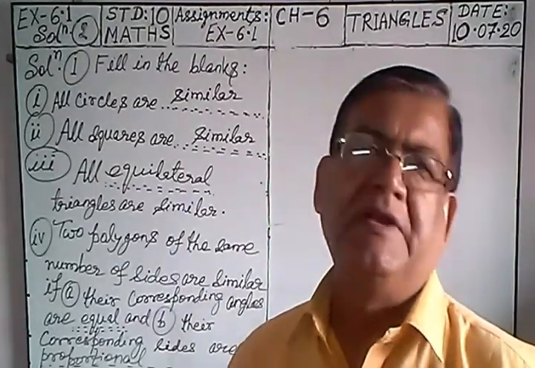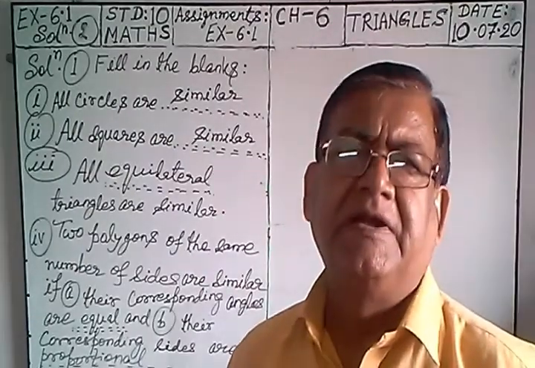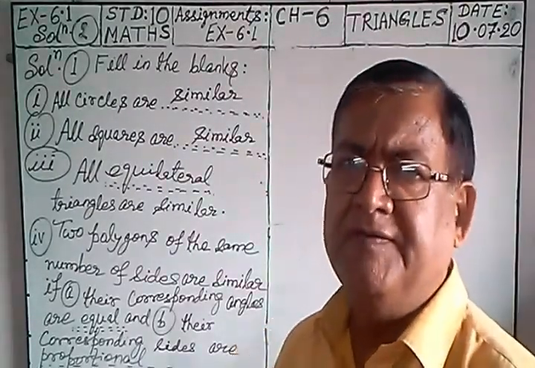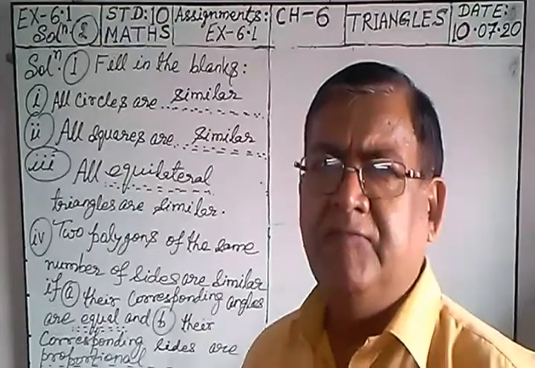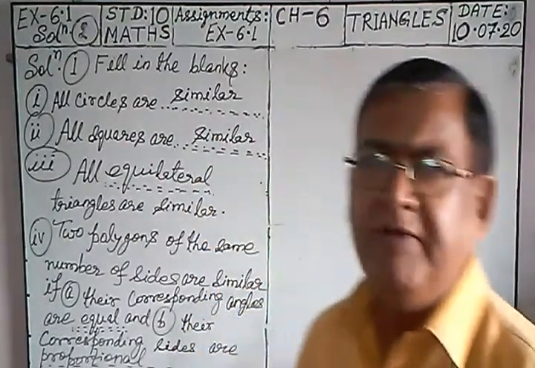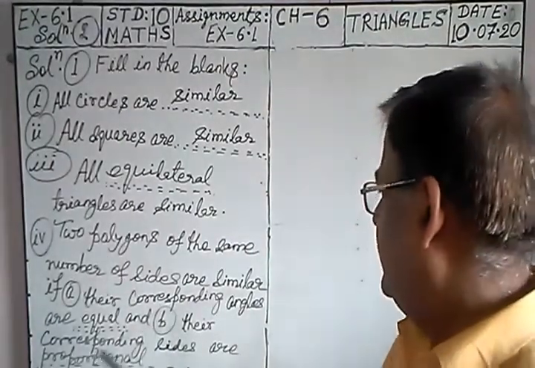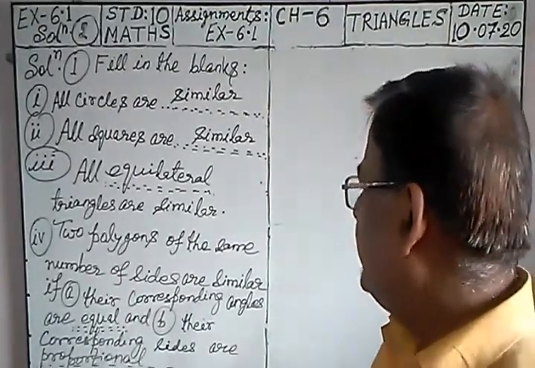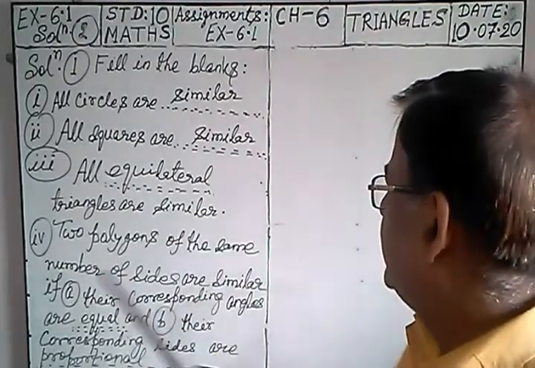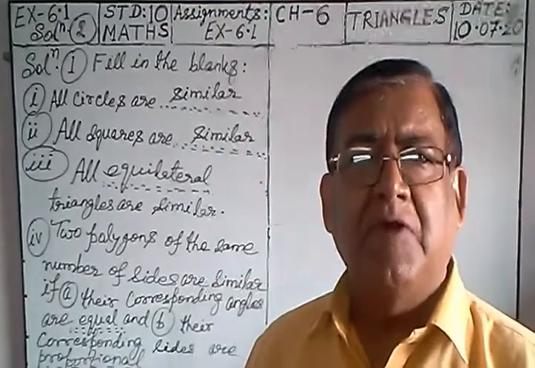Then any polygon, whether it is a nonagon, decagon, or polygons of 11 sides or 12 sides, all will be similar under these conditions. Okay, this is all about this exercise.